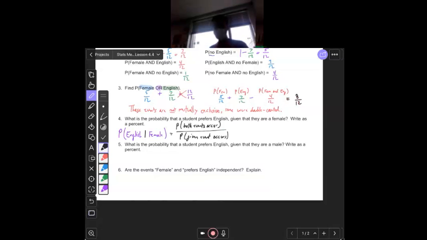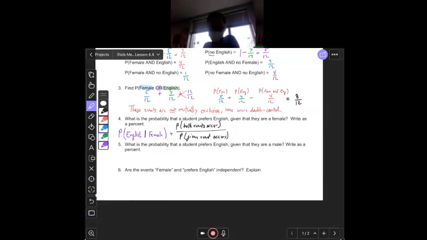So the probability of both events occur divided by the probability that the given event occurs. That's how you figure out the probability of one thing given another. So you need to make sure you're paying attention to the reading, like which event is being given, which one isn't. When you read this, it says the probability that a student prefers English given that they are female. That's telling us that's what needs to go in the bottom.